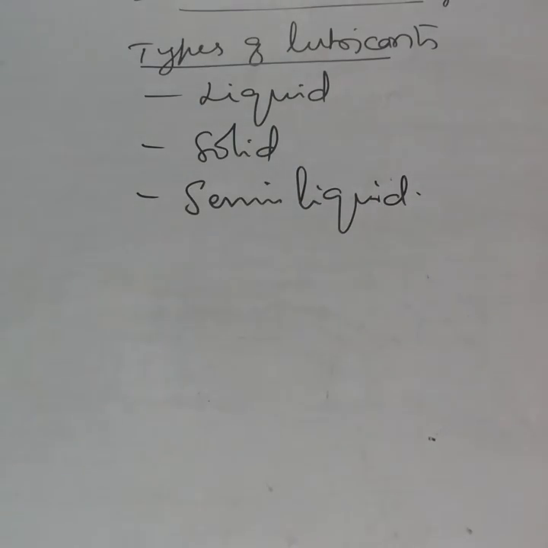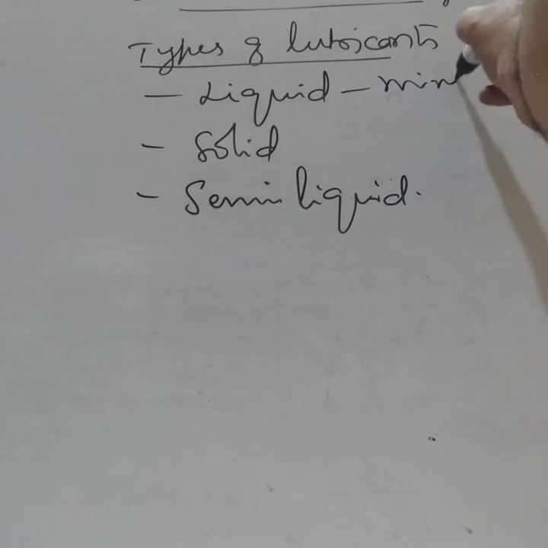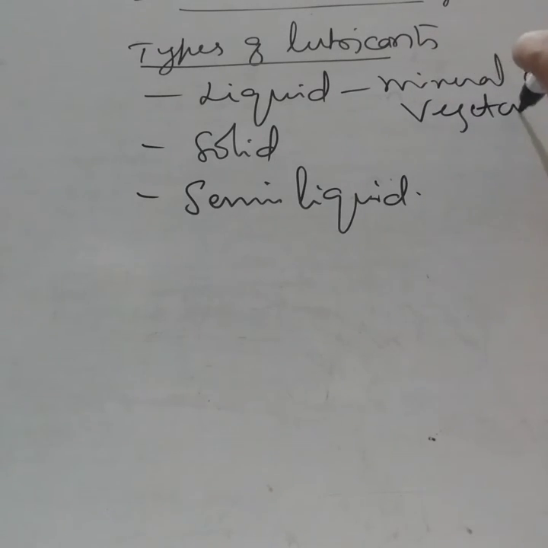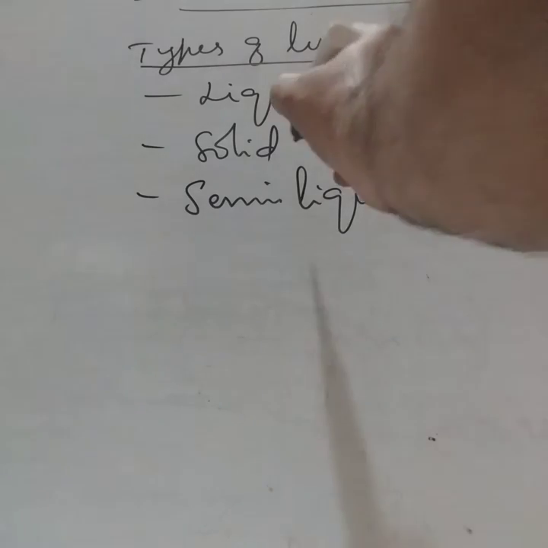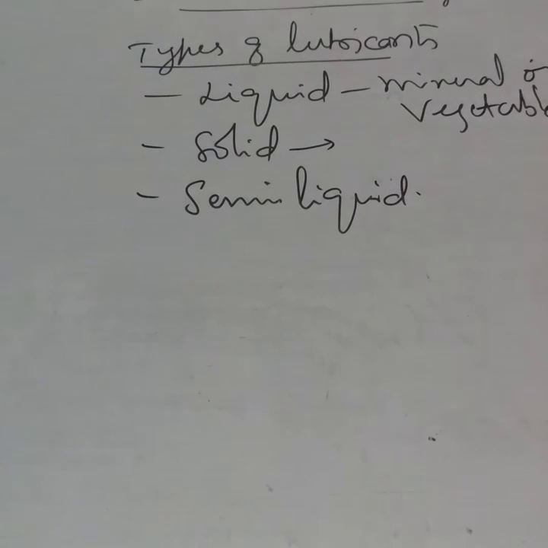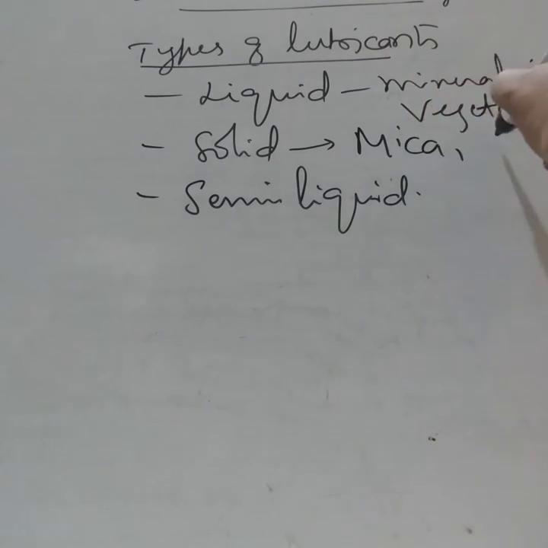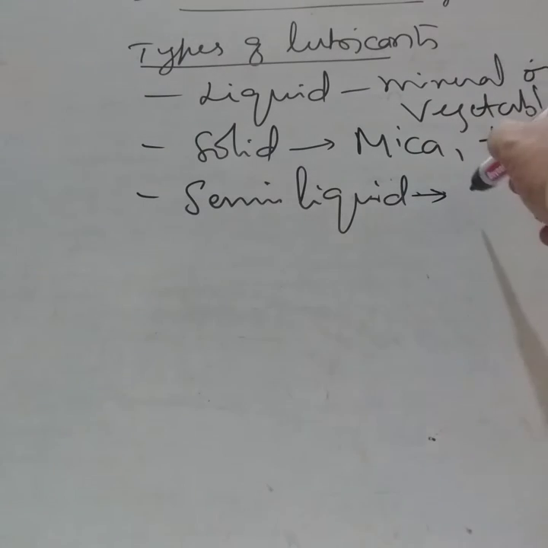In the case of liquid lubricants, we have mineral oil, animal oil, vegetable oil, etc. In the case of solid lubricants, we have mica, talcum powder or talc. And semi-liquid lubricants, which are very familiar to us, are in general called grease.